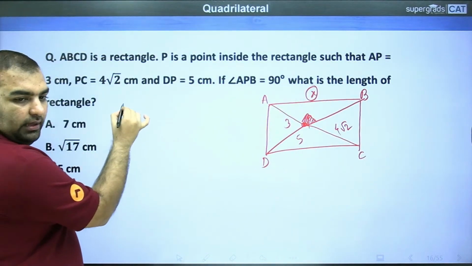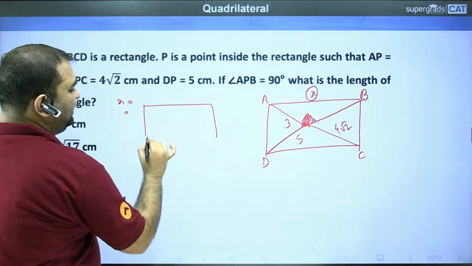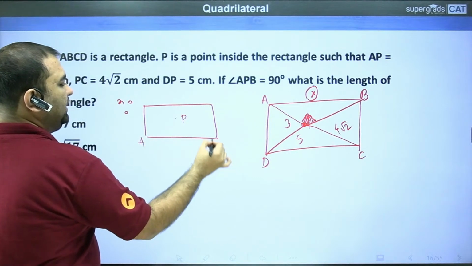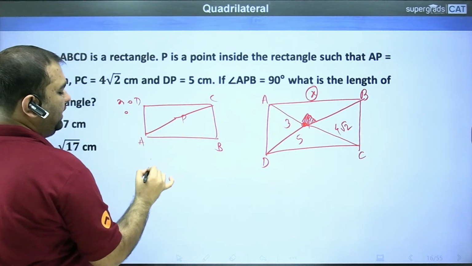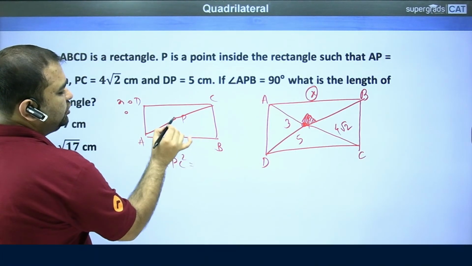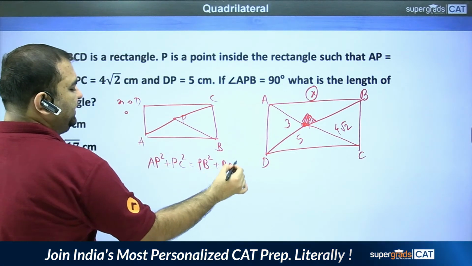Write a property. If P is any point inside the rectangle, then AP square plus PC square should be same as PB square plus PD square.